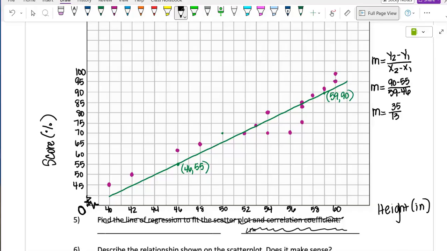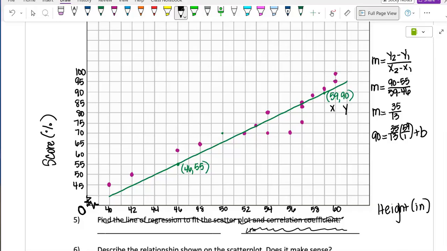And then I'm going to use my 59 and my 90 as my x and my y to find my y-intercept. So 90 equals, well, this is going to be some ugly math, 35 over 13 times 59 over 1 plus b.